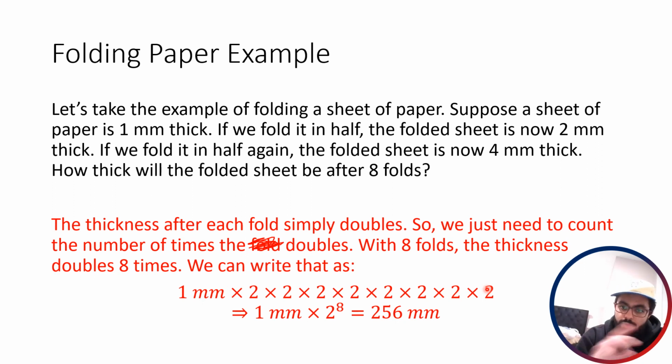All we have to do is count how many of these 2's we have. First, we make sure they're all being multiplied together and there's no addition or any other funny business going on. So 2 times 2 times 2 times 2 times 2 times 2 times 2 times 2. That's 8 instances of the number 2. So it's going to be written as 2 to the 8.